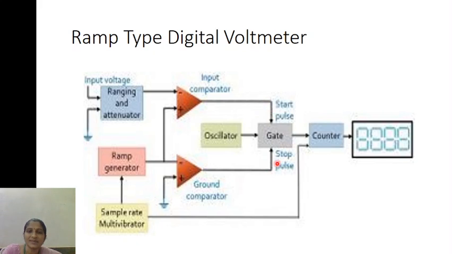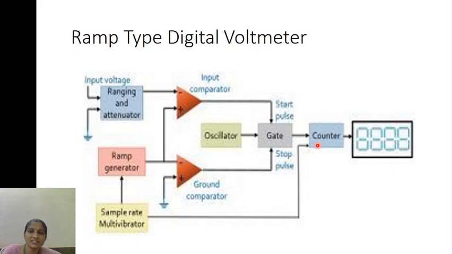Both these pulses are given to the gate, so that from the start pulse to the stop pulse, how much voltage is there is counted by the counter. After counting, this is displayed on the digital display here.